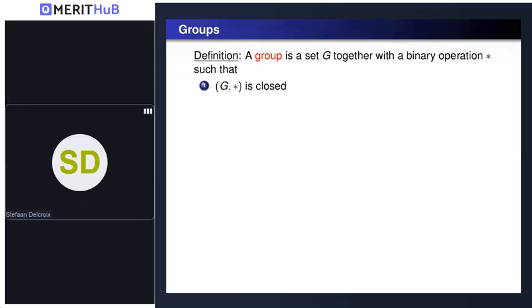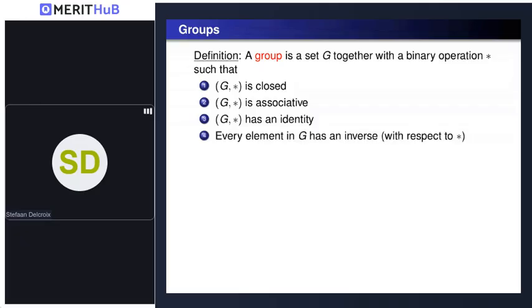It should be closed. It should be associative. There should be an identity, typically denoted by E, and every element in G must have an inverse in G, of course. Those four properties, if you have those four properties, you are called a group.